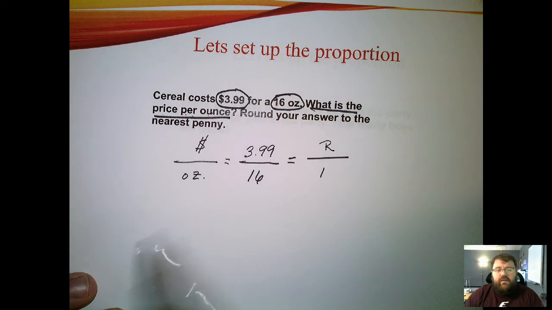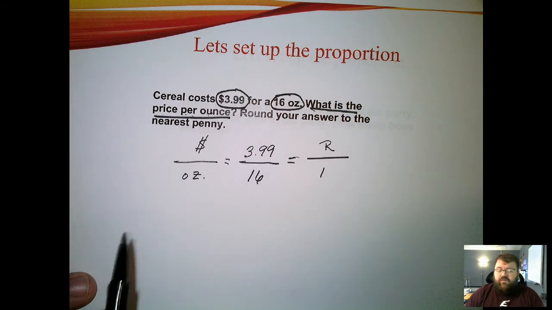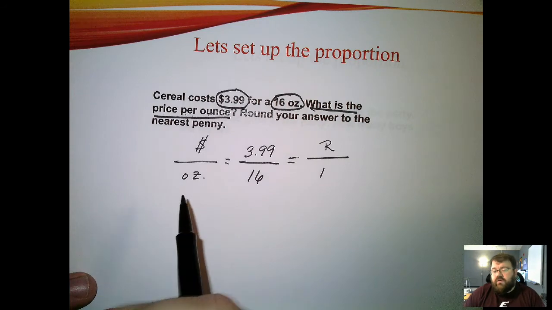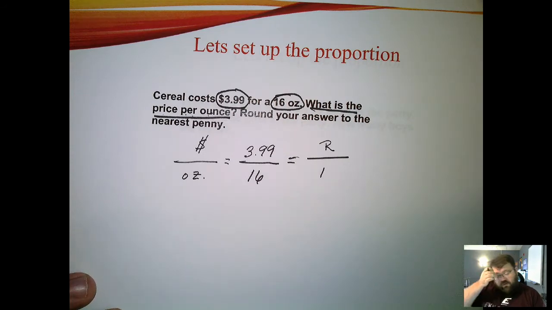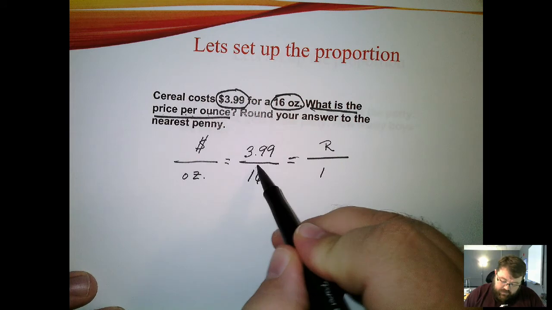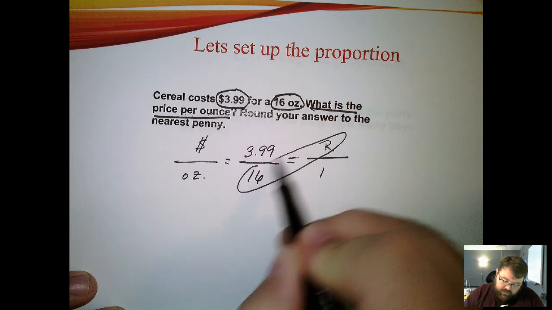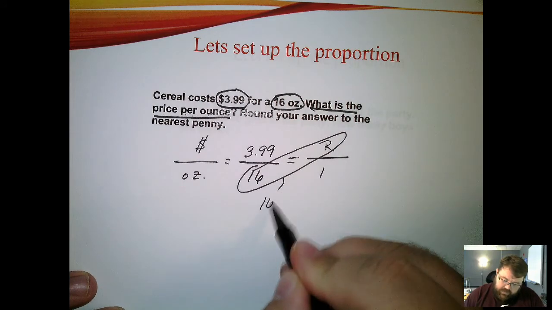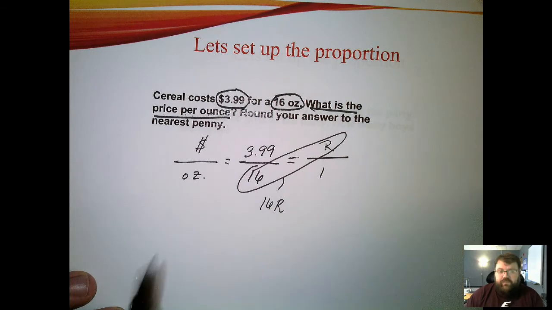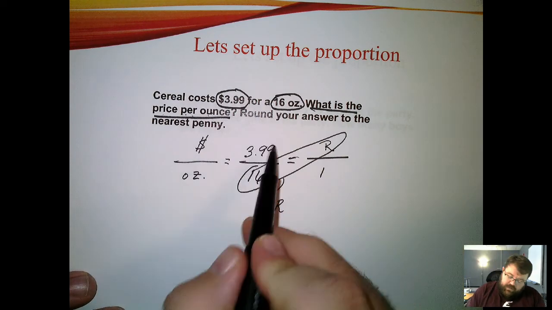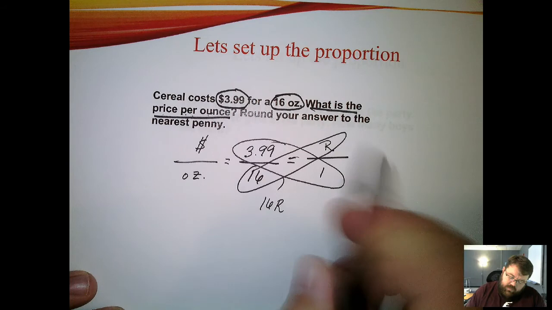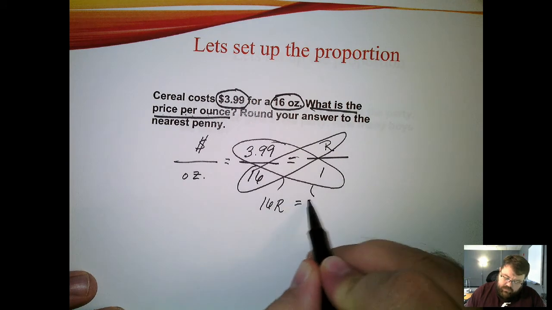Okay? From here, you can use scale factor. You can also use cross products. I'm going to use cross products. So I have 16 times R is 16R. I have 3.99 times 1, which is 3.99.